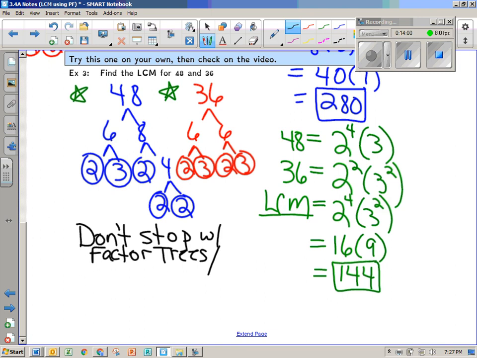I'm going to put slash here, ladder diagram. Don't get ladder diagram mixed up with the ladder method that we used for GCF. They're actually quite different. Don't stop there. You have to go and do this, this, and this. Okay?